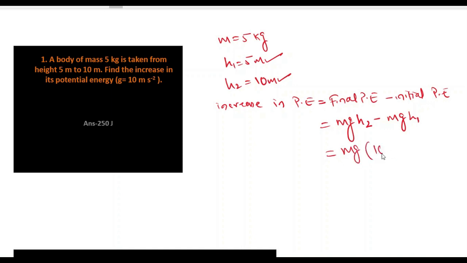So h2 minus h1, that is 10 minus 5. M is 5. The value of g is given as 10 meter per second square. So 5 into 10 multiplied by 5. So 25 tens are, that is 250 joule. 250 joule is its increase in potential energy.